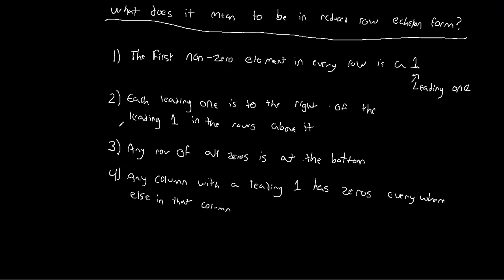So let's go ahead and look at some example matrices. Let's start off with our 2x2 identity matrix that we created in a previous video. Is this in reduced row echelon form? Well, let's go through our checklist.